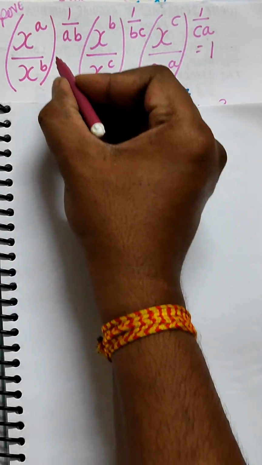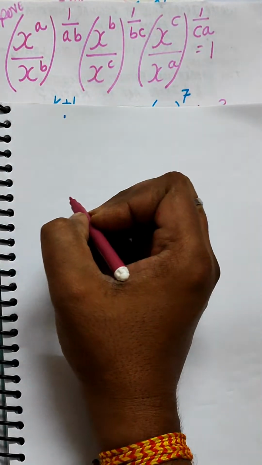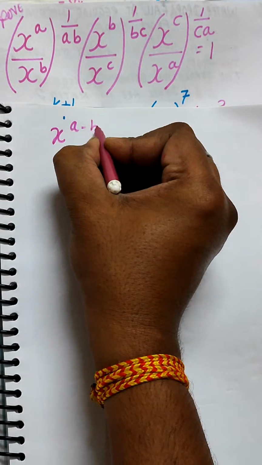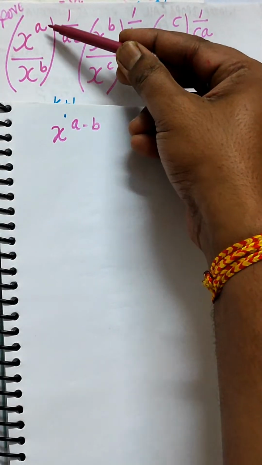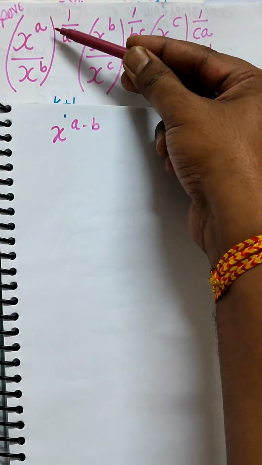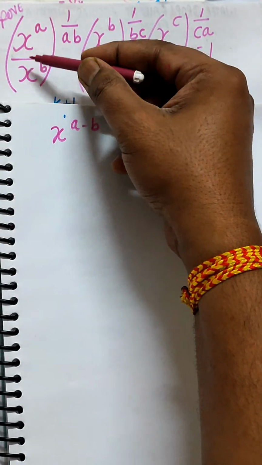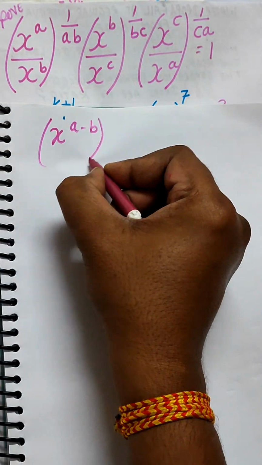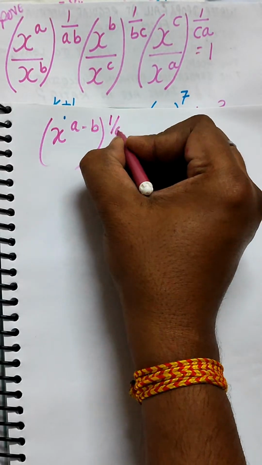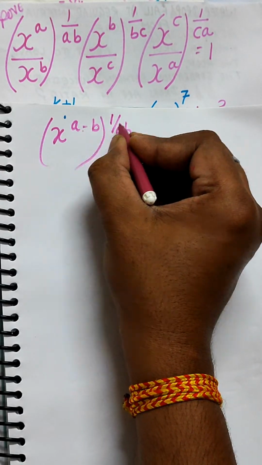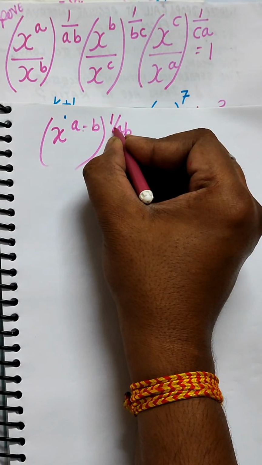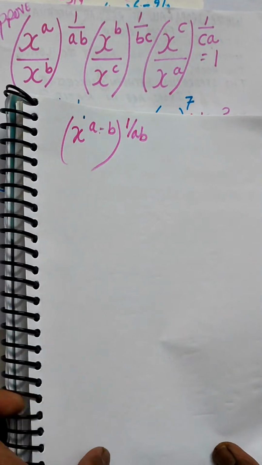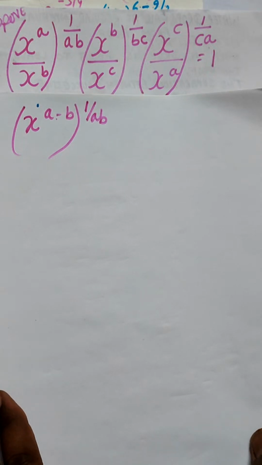So what we will do: x power a by x power b can be written as x power a minus b, because when b comes into the numerator, the sign of the exponent changes, and since the bases are the same, x and x, it can be written like this: power 1 by ab. This is also in the exponent and this is also in the exponent, mind it, so it will be multiplied going forward. Okay, we will be using the same, right?